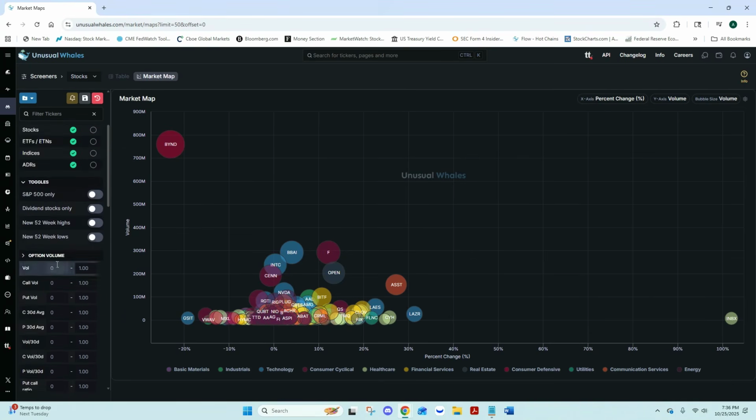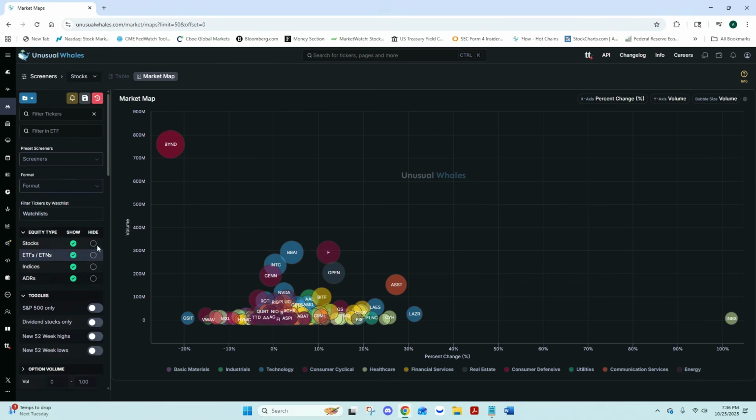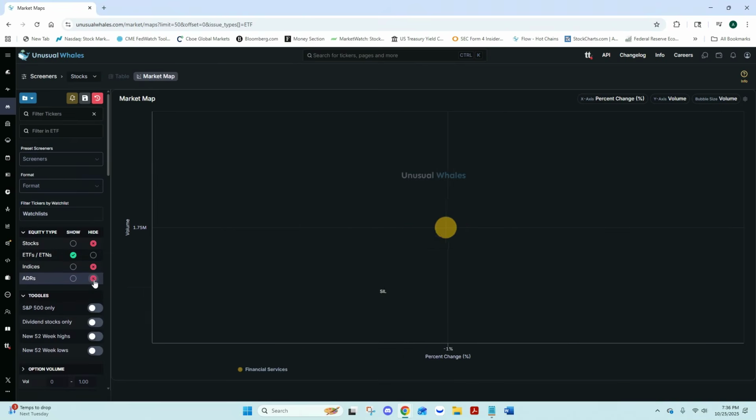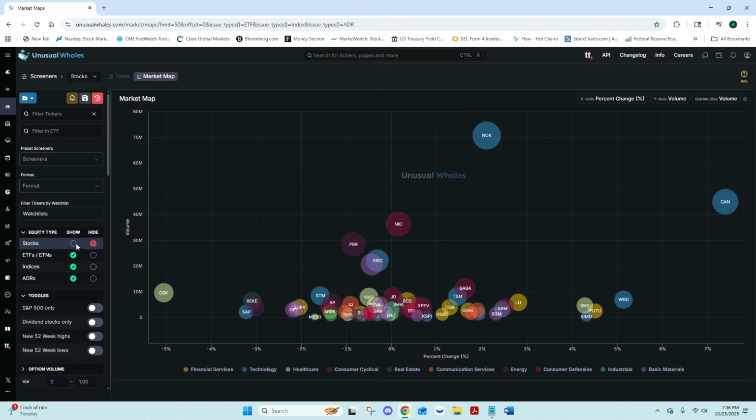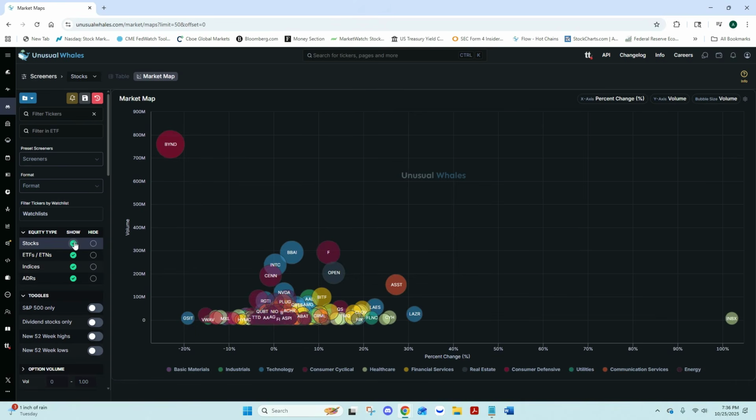If you want to hide everything except for ETFs, you can do that. Or if you just want to see indices, ETFs, ADRs, whatever, it's fully customizable just like the flow feed, and you can also save them if you would like to.